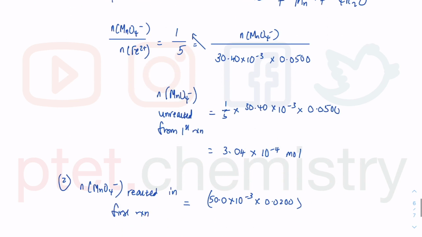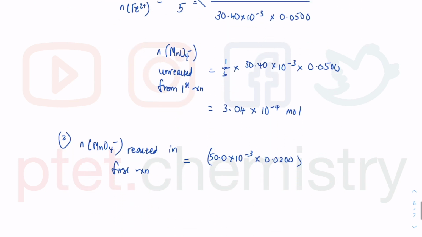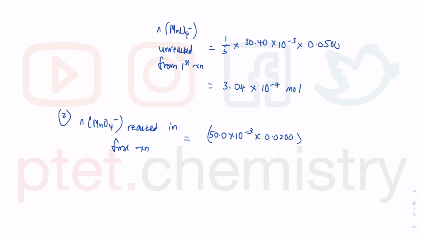So this amount from the second titration was actually how much was unreacted. Take that away from the total that you put in for the KMnO4, and you're going to work out the mole of MnO4 minus reacted in the first reaction. So it's minus 3.04 times 10 to the power minus 4 mole.